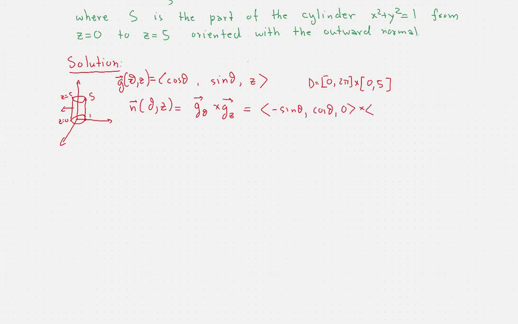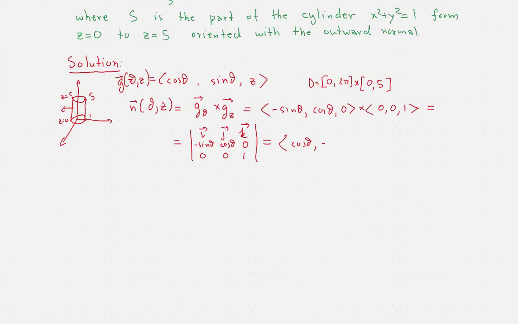And this will give i, j, k, negative sine theta, cosine theta, 0, 0, 0, 1. And we delete the first row, the first column, and we get cosine theta. We delete the first row, the second column, we will get negative sine theta, but that's the middle term. So we put an extra negative sign that gives us sine theta. And finally, the other one is 0.